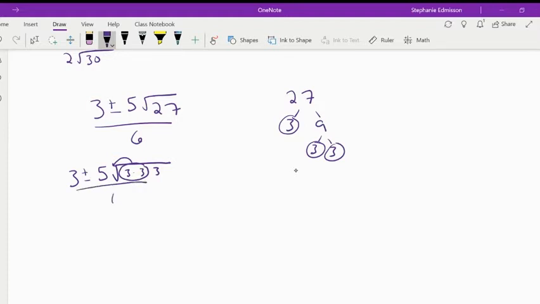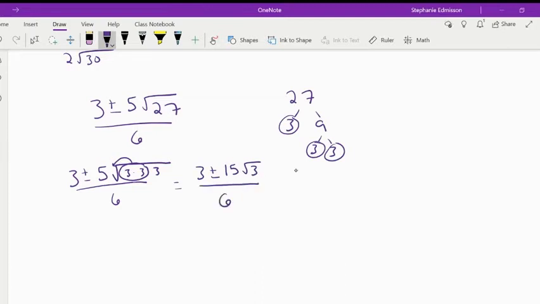And all over 6. So that's the same thing as 3 plus or minus, well, we're taking this 3 out, and we know we're multiplying it by 5. So 5 times 3 is 15 root 3. We have 1 left over 3, and remember, leftovers stay inside the root, all over 6.